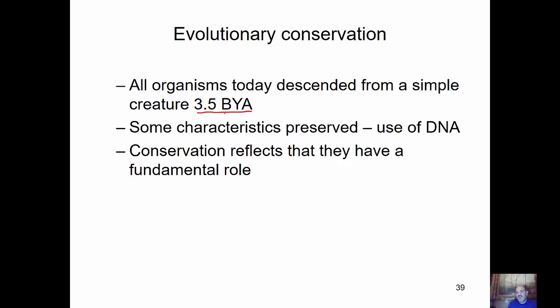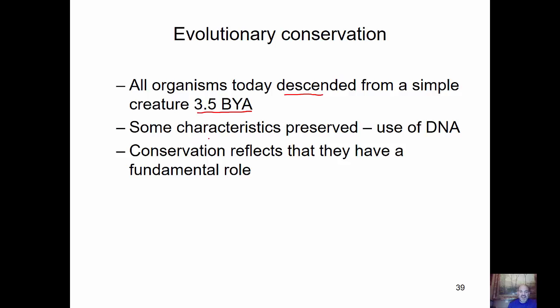The simplest life forms we do see are in the form of bacteria. This does suggest that all life must have descended from those earliest life forms, because you don't see woolly mammoths in the fossil record back then. You don't see dinosaurs back then. You see simple single-celled organisms.